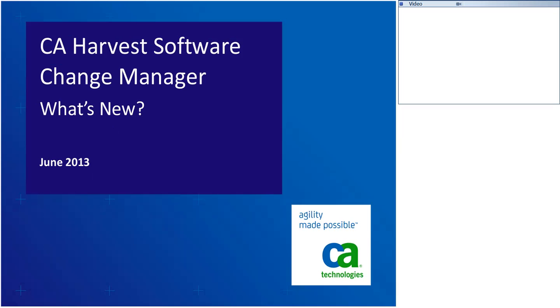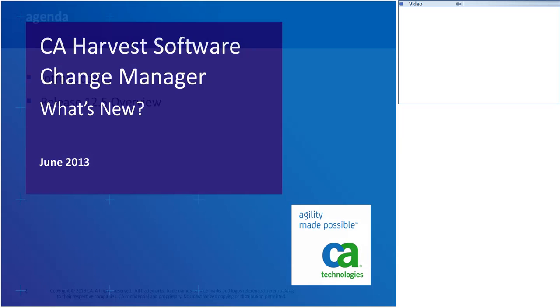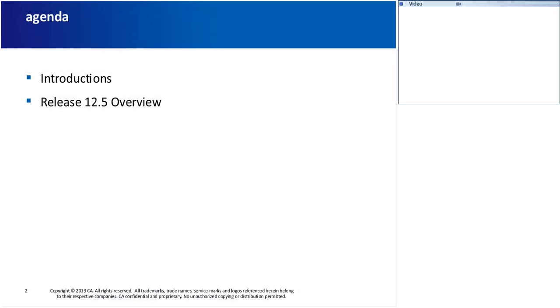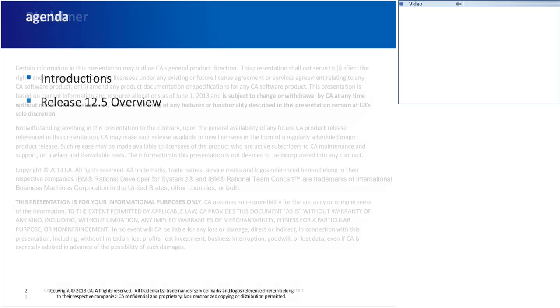As Neil mentioned, I will be going over some introductions to make you all aware of the key players in the Harvest product world, and then I'll give you a real quick high-level overview of what's coming in our release that's currently under development, 12.5.